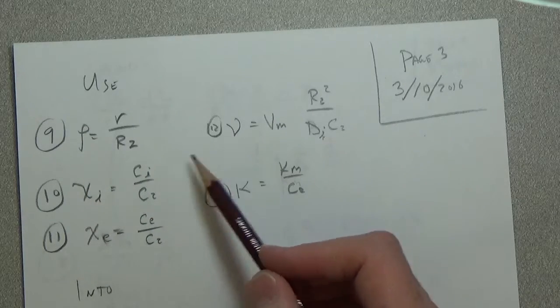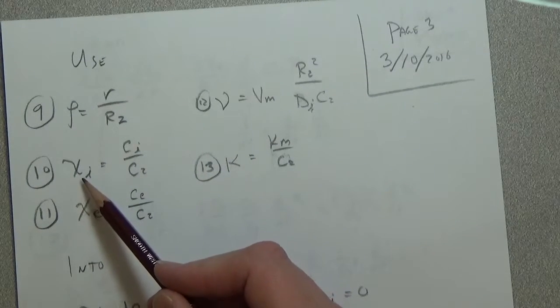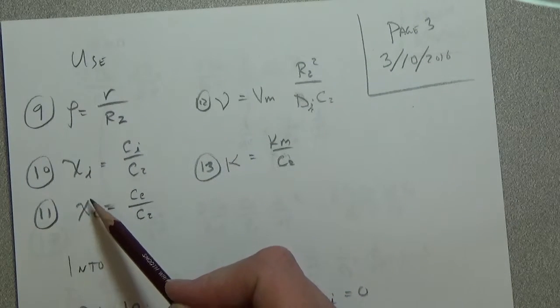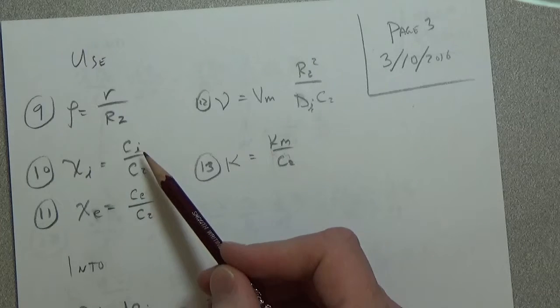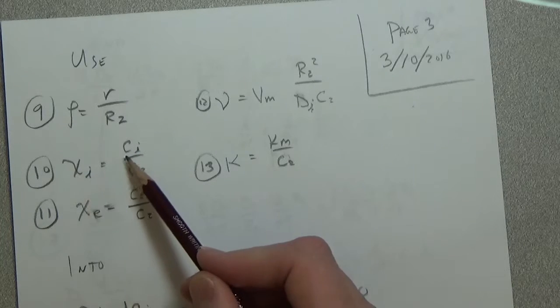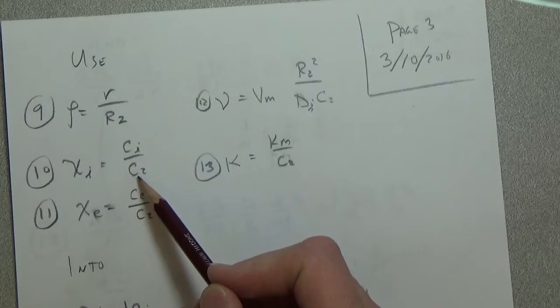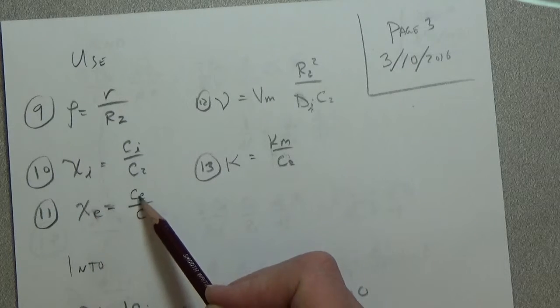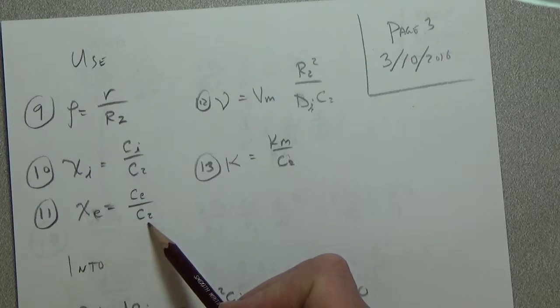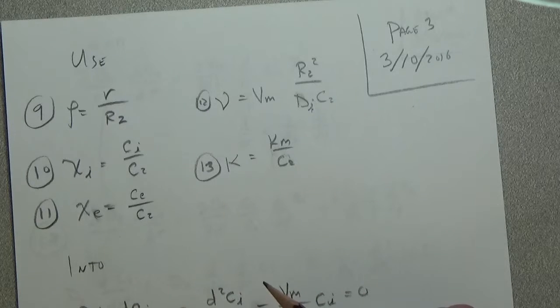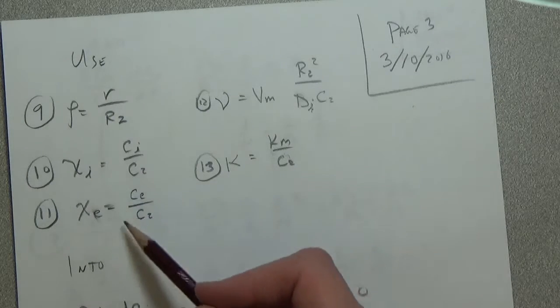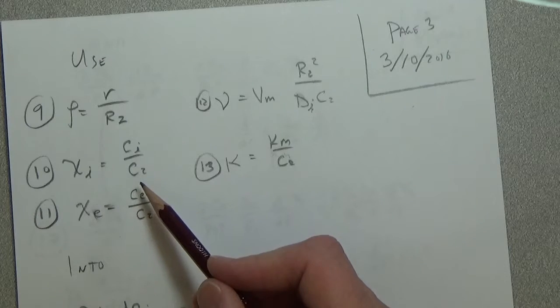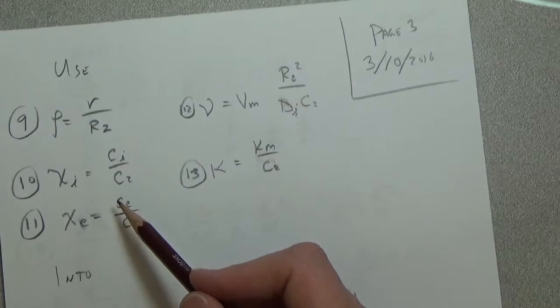We're going to have chi sub I and chi sub E being dimensionless concentrations, where chi sub I is equal to Ci divided by C2, and chi sub E is equal to Ce divided by C2. So we're referencing everything to the concentration on the exterior surface of the alginate.